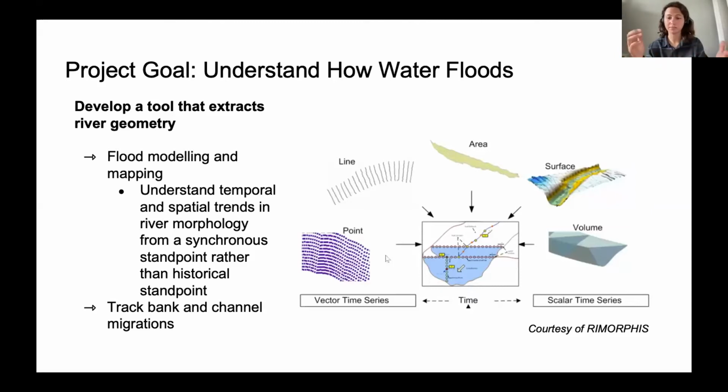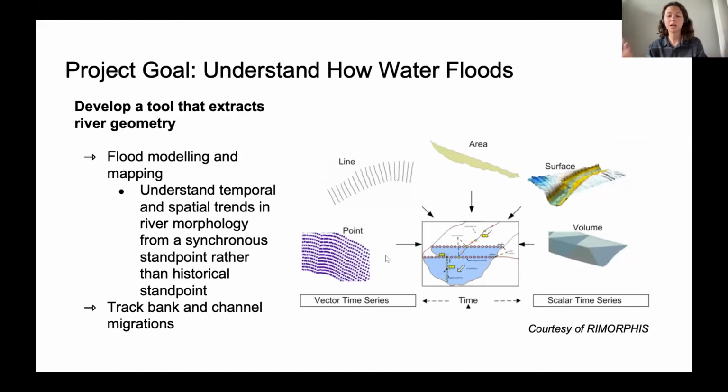River morphology is multidimensional, so to properly understand it, we need inputs from surface topography, water volume, water area, and point and line topologies. And so mine and Kristen's role in this larger project is to look specifically at the intersection of water volume and water area to better understand flooding. And we're helping to develop a tool that will extract river geometry during flood events to compare water area and water volume.